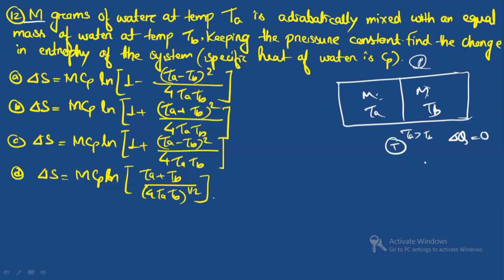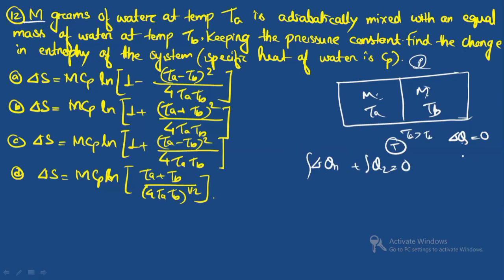So this is the first thing. Adiabatic means there will be no exchange of heat with the surrounding, and heat will flow from the hot body to the cold body. So if you see, del Q1 plus del Q2 is equal to 0, since del Q is equal to 0.